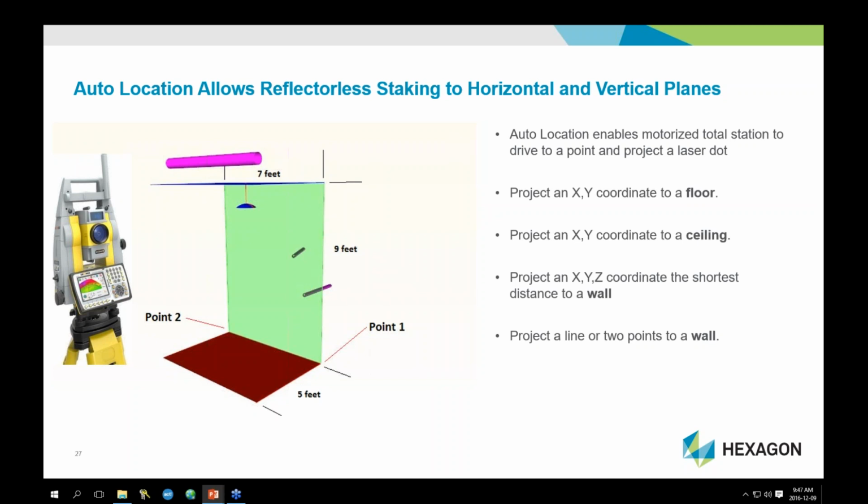So a typical example is you can project an XY coordinate to a floor. You can project an XY coordinate to a ceiling. In a more three-dimensional setting, you can project an XYZ coordinate the shortest distance to a wall, or at a right angle distance to a wall. Or if you've got two XYZ coordinates, you can project a line and see where it intersects with a wall.